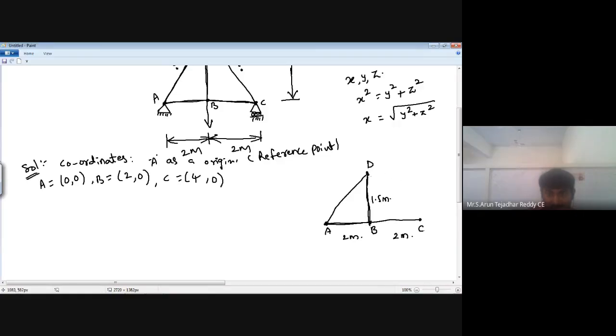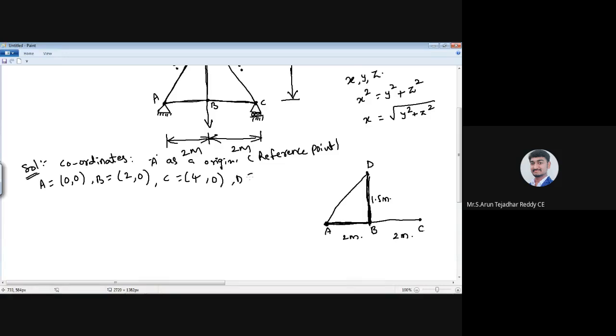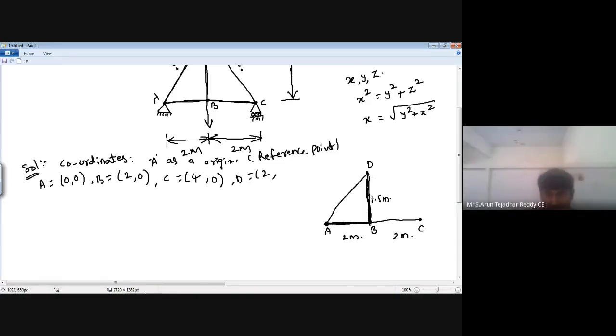So in the x direction it is 2 meter, and in the y direction 1.5 meter. From D to A, x is 2 meter and y is 1.5 meter. So these are the coordinates.